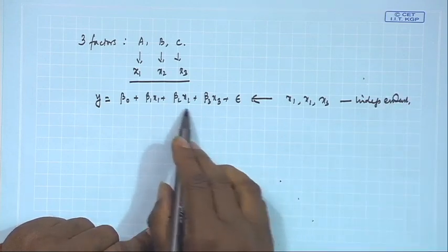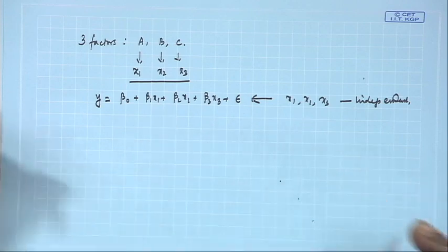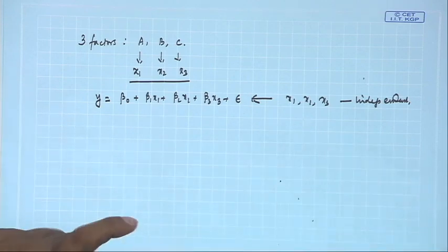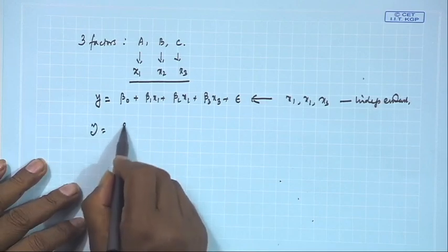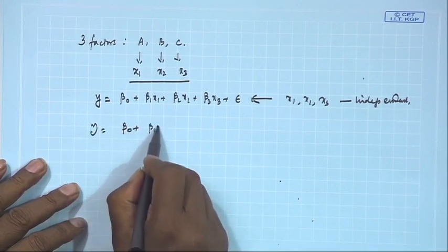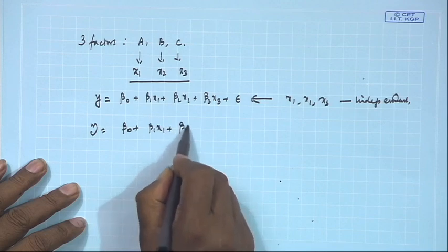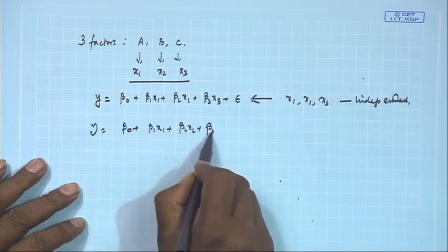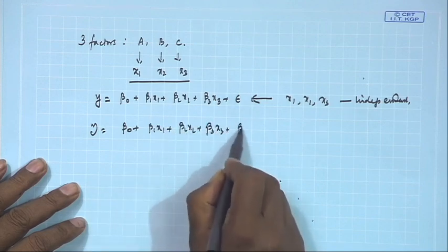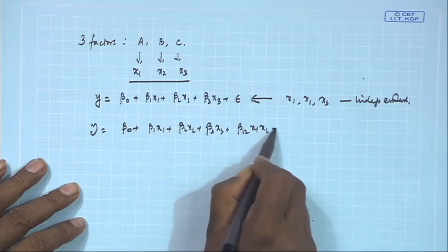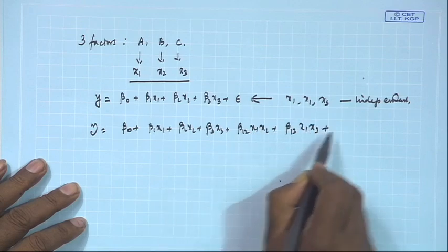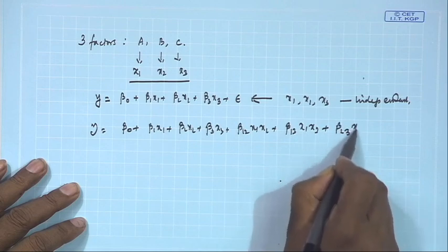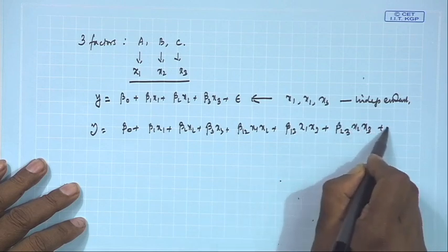If there is some amount of dependency between these x, we can also write something like this: beta 0 + beta 1 x 1 + beta 2 x 2 + beta 3 x 3 + beta 1 2 x 1 x 2 + beta 1 3 x 1 x 3 + beta 2 3 x 2 x 3 + epsilon.